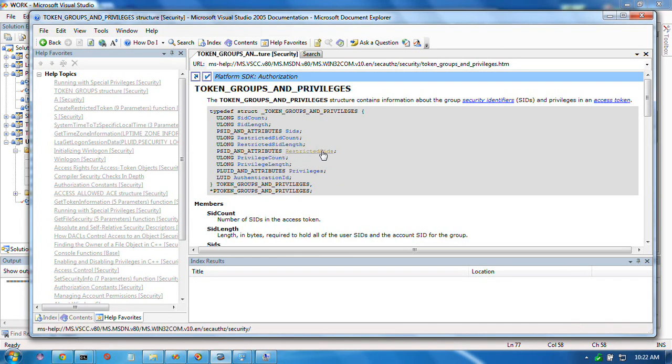They call this restricted SIDs, right? That name is wrong, and I agree with that other guy, but the name should really be restricting SIDs. So this collection forms a bottleneck, so it has the effect of restricting access.